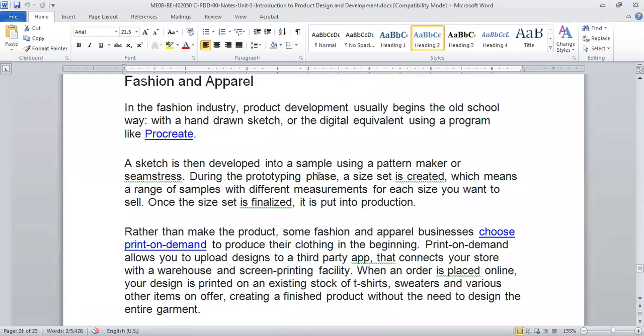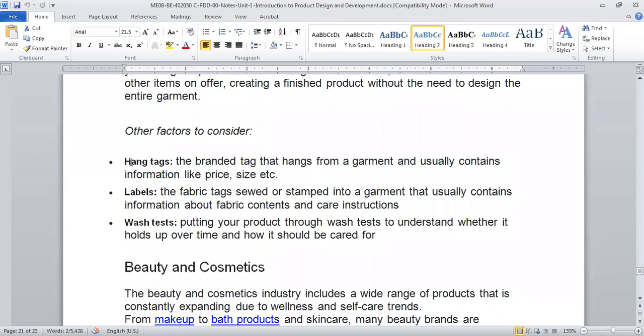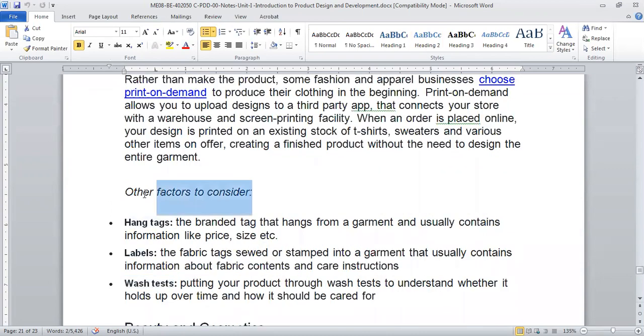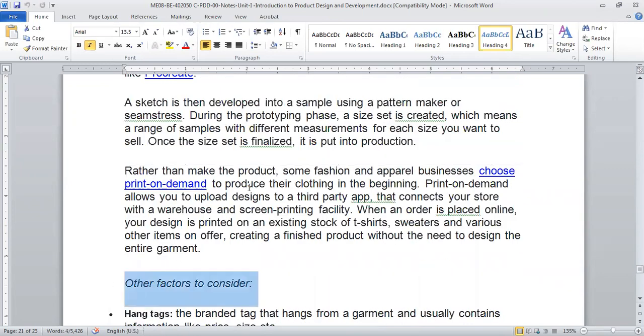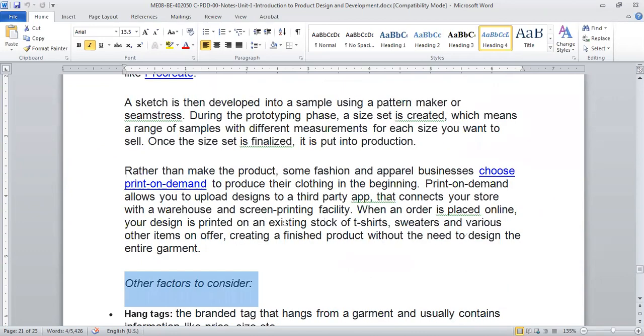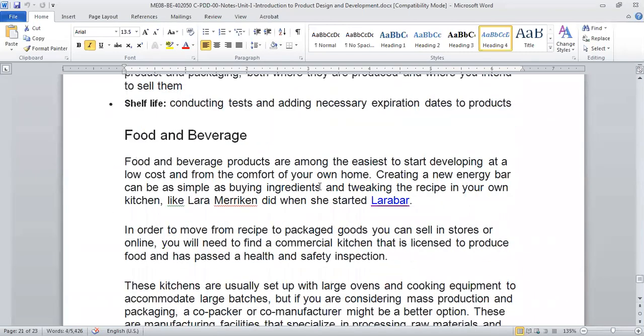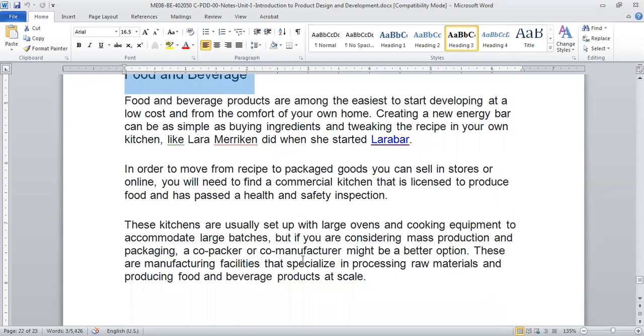Fashion industry: hang tags, labels, wash tags, the different factors considered in the fashion and apparel industry, whether it is as per the new modern fashion, what the fit is, what the size is. Food and beverage industry: development of food is basically easy to start.